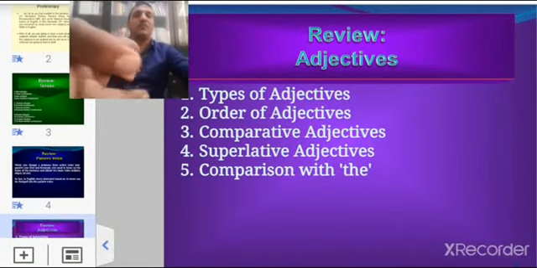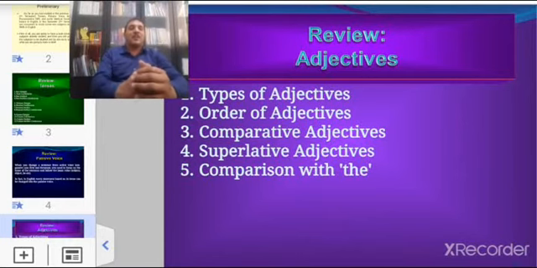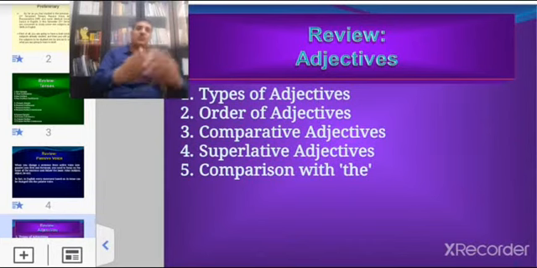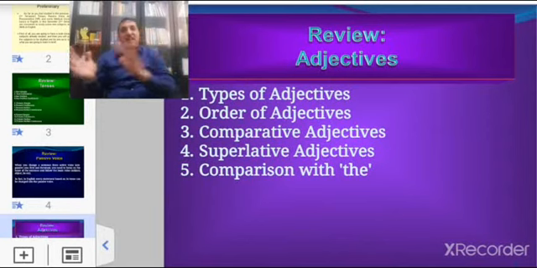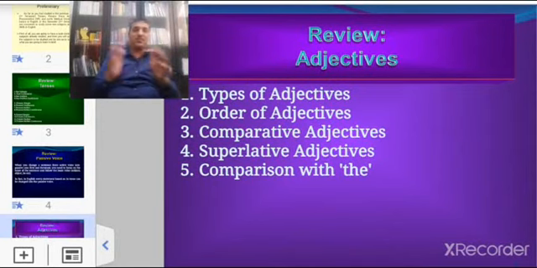Here we have adjectives. We understand the types of adjectives and their syllables, the order of adjectives, when we can start by abstract or facts or opinions. Okay, then the comparative adjectives.